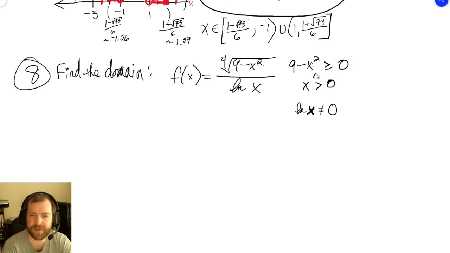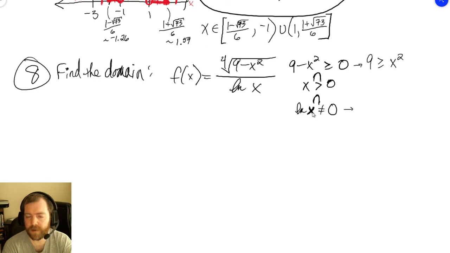And this is the intersection between all of these. All these things must be true simultaneously. So with this one, we've got now 9 is greater than or equal to x squared. Here we still have x is greater than 0, so that's easy enough.